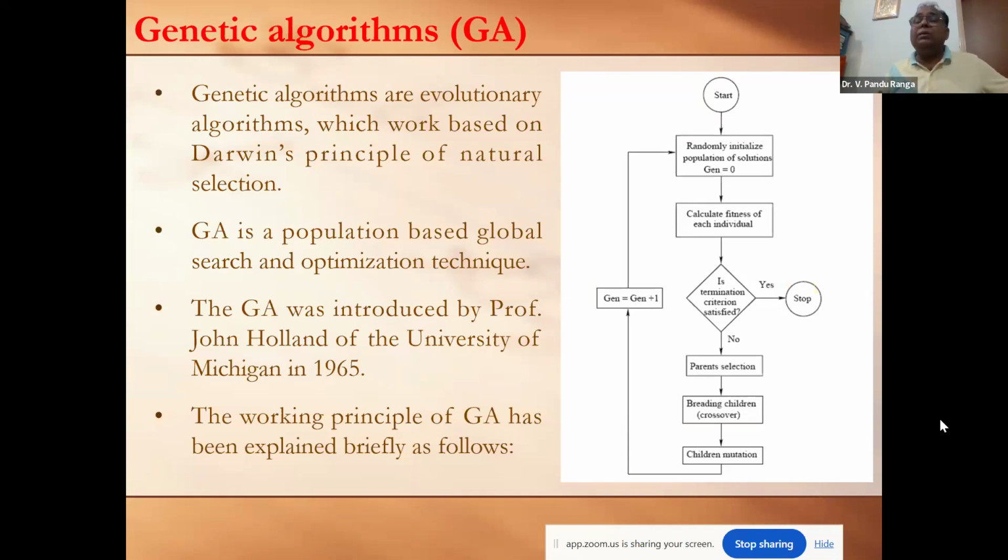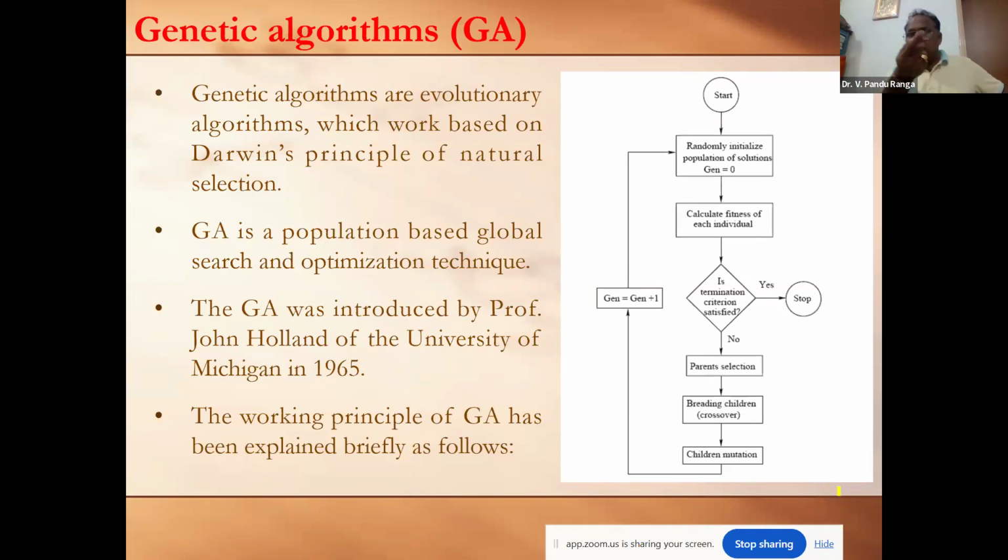Here also I will try to give some information on how the genetic algorithm works. As I mentioned, the genetic algorithm is a non-traditional optimization algorithm, and it starts with a group of initial guess solutions generated randomly.